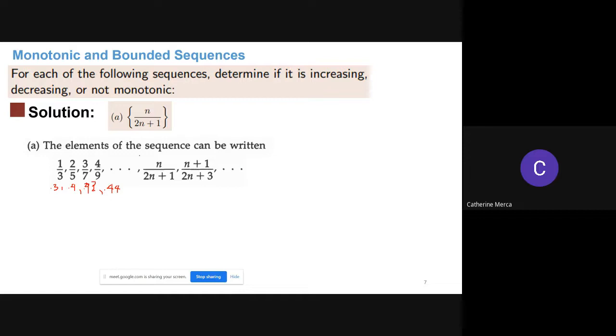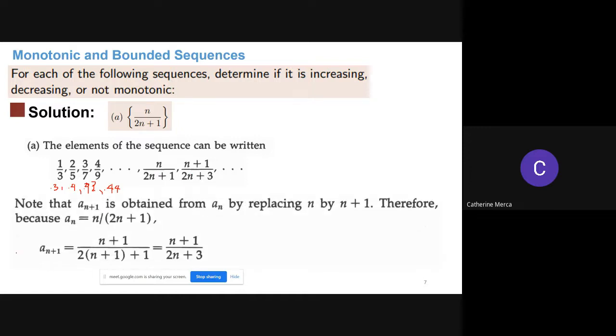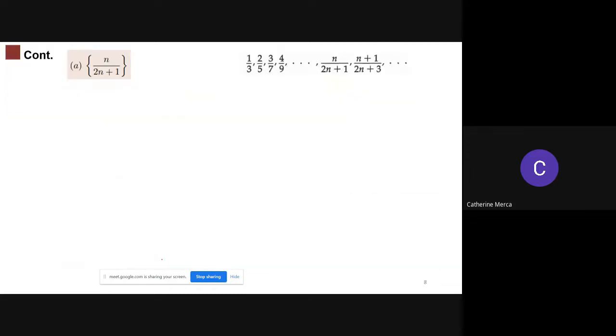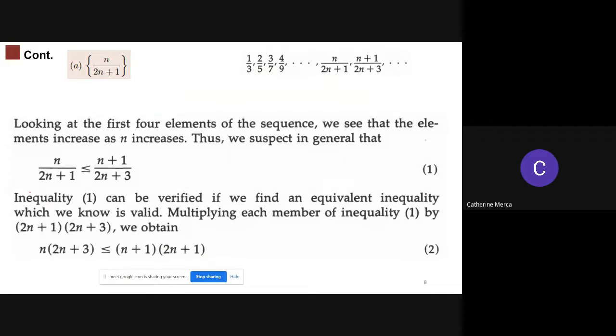Okay? So you make use of the nth and n plus 1 terms, and come up with the following. You have n over 2n plus 1 is now less than or equal to the next term, n plus 1 over 2n plus 3. It is increasing, so this one is smaller than the next term.